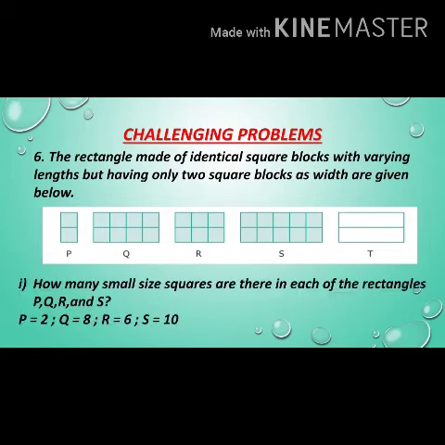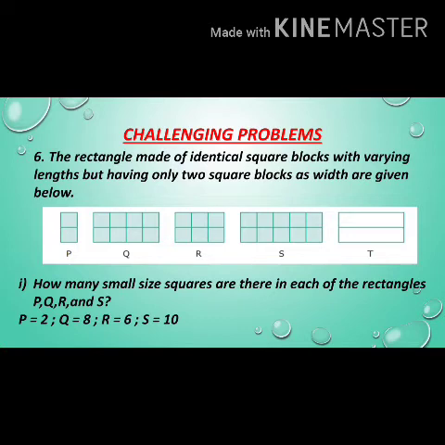Let's see the first question. How many small size squares are there in each of the rectangles P, Q, R, S? See, in P, how many square blocks are there? 1, 2. So, P equal to 2. Q, 1, 2, 3, 4, 5, 6, 7, 8. In Q, 8 small square blocks are there.